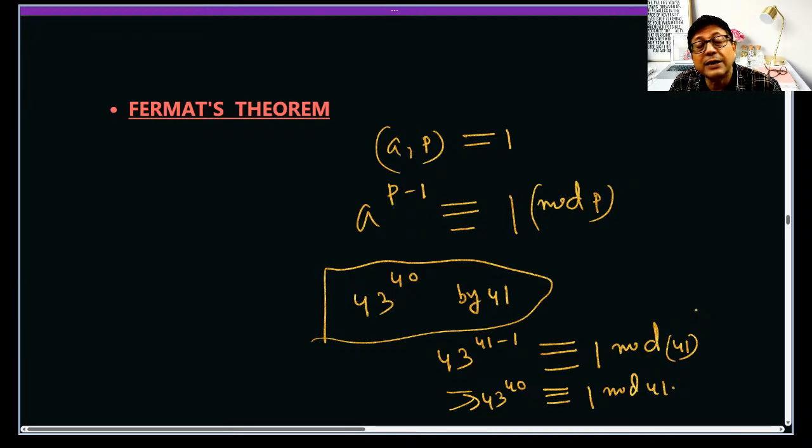Proof is very interesting. I can give you proof by 3 different methods, but all are not suitable for you. But at the same time, we cannot just find the application of number theory, Fermat's theorem, without giving the proof. Okay? I have to give you the proof with the help of what?